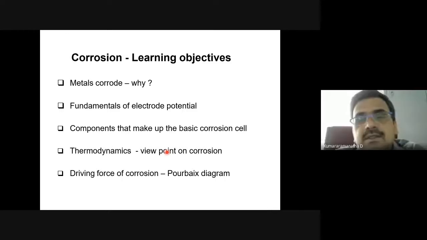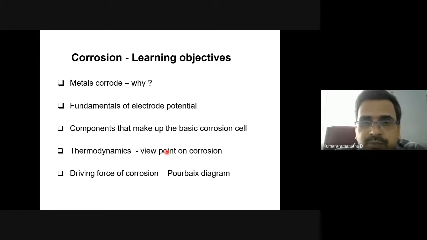Okay. So as all three of you pointed out, basically we are looking at iron oxidation or hydrogen evolution depending on the water, and depending on how it makes a cell, which is the environment: whether it is a basic, acidic or neutral environment. So that is corrosion.